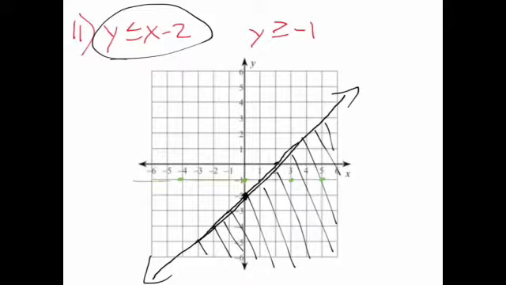So it makes a horizontal line here. And this one says it can be equal to, so I'm going to do a solid line, horizontal right here on y equals -1. And since it says greater than, I'm going to shade up above my line, like so. And the answer region is this triangular section here to the right.